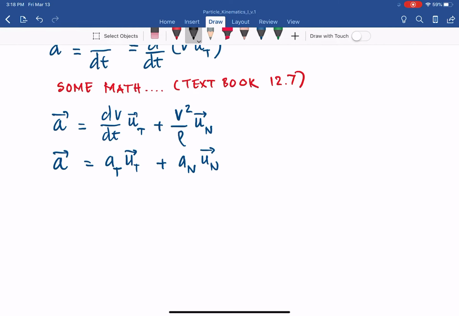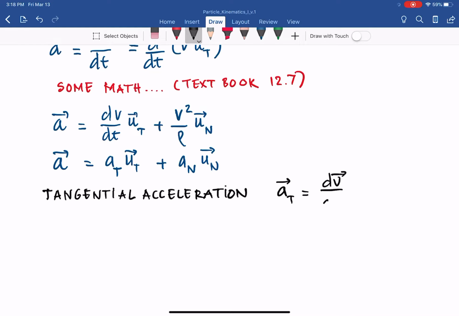The first one is at, called the tangential component of acceleration, with the equation at equal to dv over dt, and it is tangent to the path of motion.